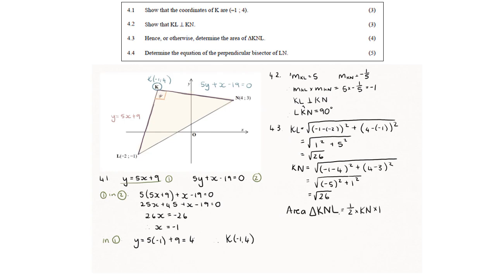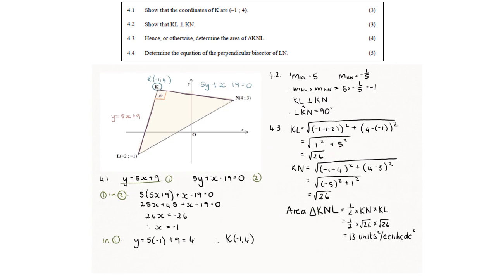Now we can determine the area of triangle KNL, which is equal to a half times square root 26 times square root 26, and this gives us a final answer of 13 units squared. For this question, you get 4 marks: 1 mark for the length of KL, 1 mark for the length of KN, 1 mark for the substitution into the area formula, and 1 mark for the area of triangle KNL.